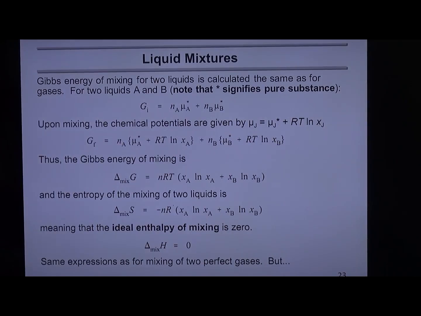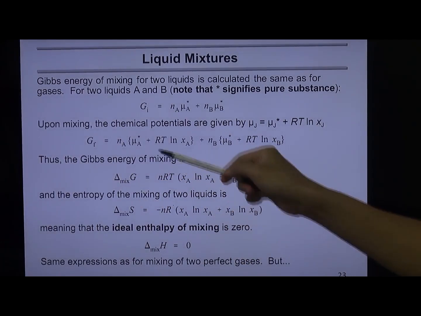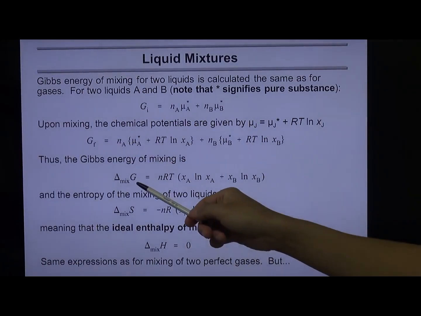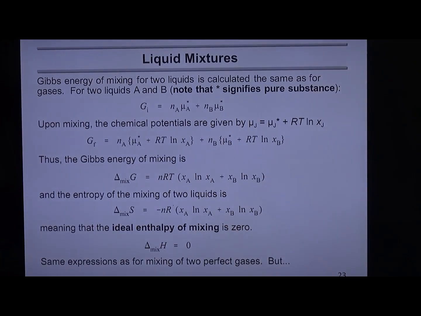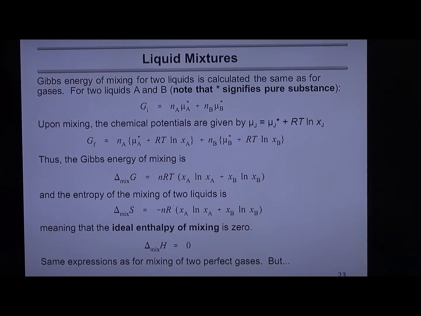So, simply we can calculate the Gibbs energy of mixing by subtracting G_i from G_f. So, delta_mix G should be equal to nRT (x_A ln x_A plus x_B ln x_B), which is the same as the Gibbs energy of mixing for two different gases, right?